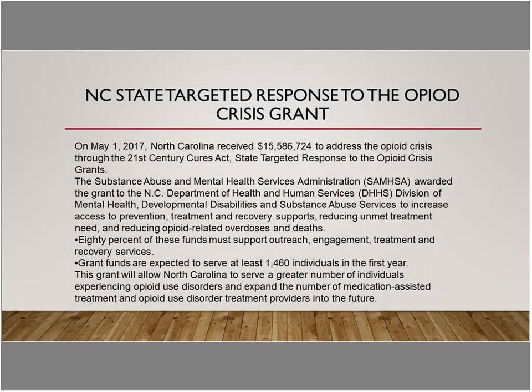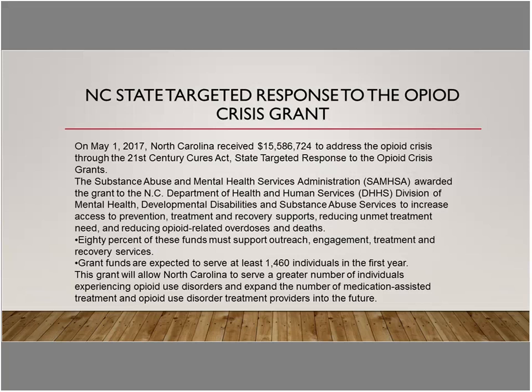North Carolina has a targeted response to our opioid crisis, and that's what this grant is all about. So we, being the state of North Carolina, received this grant funding on May 1st of this year. This money is coming from the 21st Century Cures Act. The state is using that money as a continuum of care targeting the opioid crisis. 80% of the funds are going to support outreach, engagement, treatment, and recovery services.